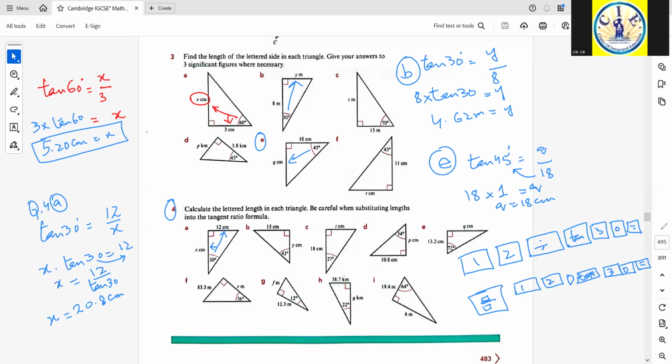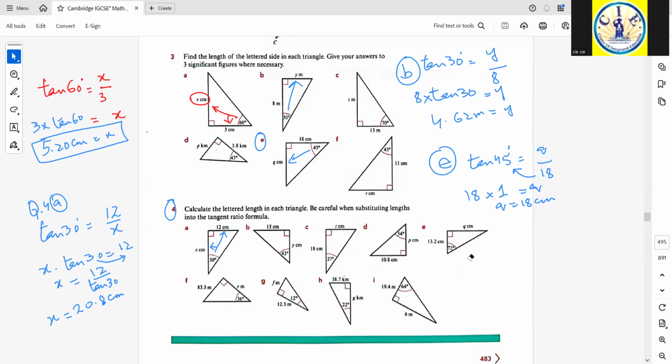So let me solve its other parts. Like for example, we can do part G. Tangent 12 is equal to, the opposite side is F and the adjacent one is 12.3. So F divided by 12.3.